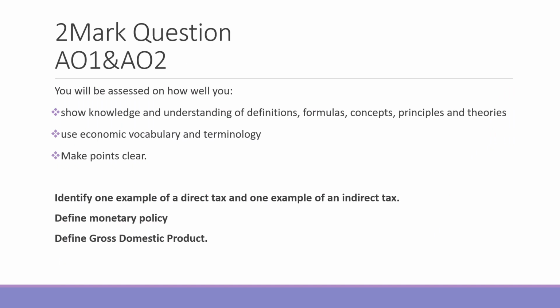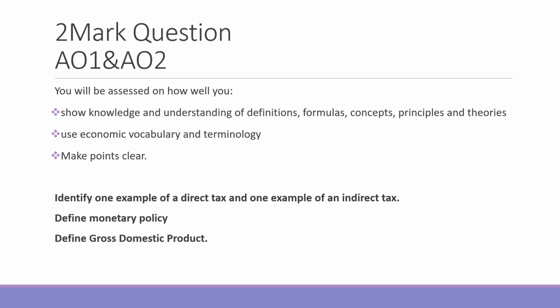Now I am explaining how to answer a 2-mark question. Here, basically, assessment objective 1 and assessment objective 2, knowledge and understanding and analysis, you have to use very carefully in this question. Sometimes most students fail to attain 2 out of 2 in this section. It is not because the question is difficult, it is only because the student doesn't know how to answer it.